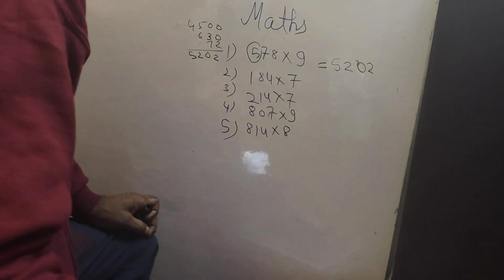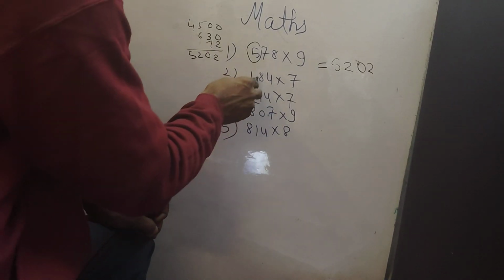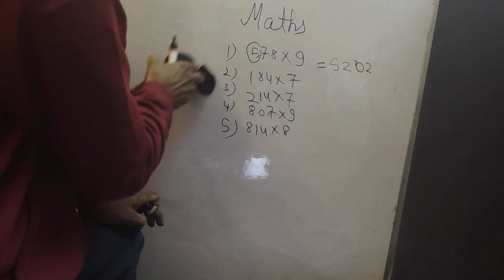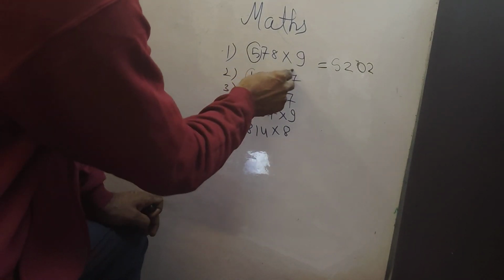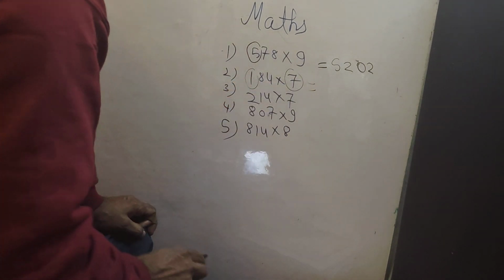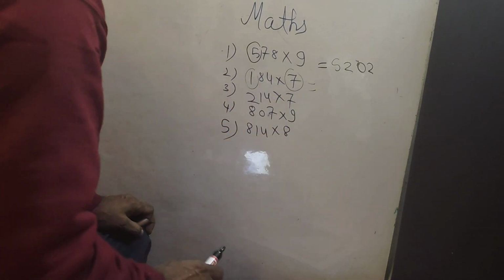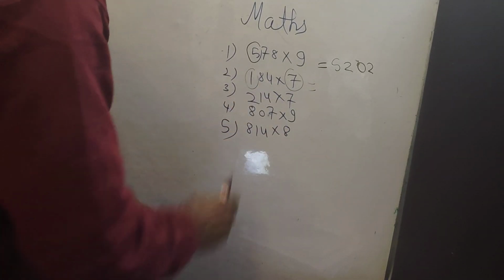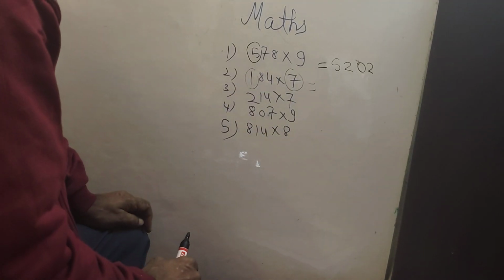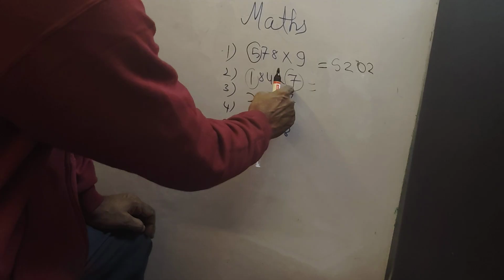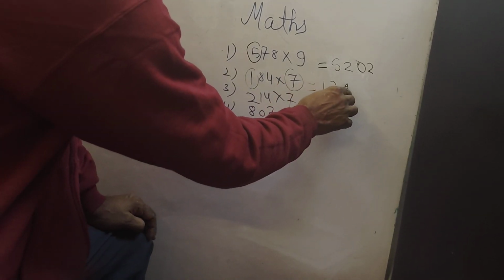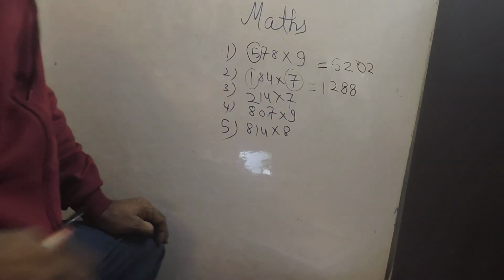Next is 184 multiply 7. So 100 into 7 is 700. Put in mind. Now 80 into 7, we are using place value, so 80 into 7, 8 times 7 is 56, so 560. 700 plus 560 is 1260. 1260 plus 28 is 1288.